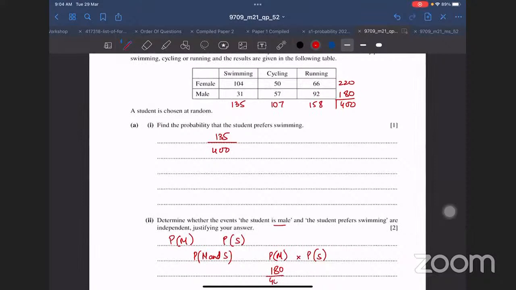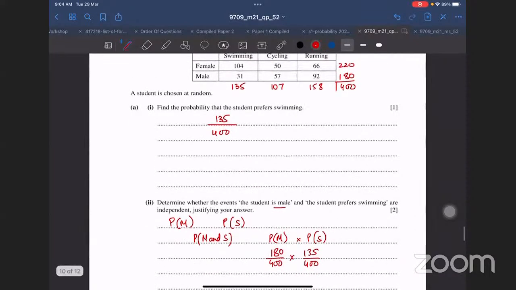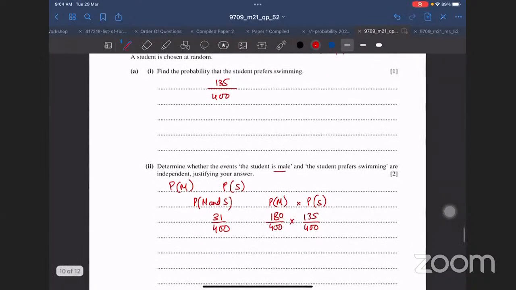180 divided by 400 and 135 divided by 400. M and S, so that's 31 people. 31 divided by 400. Let's check if both these sides are equal. This gives me 0.0775.